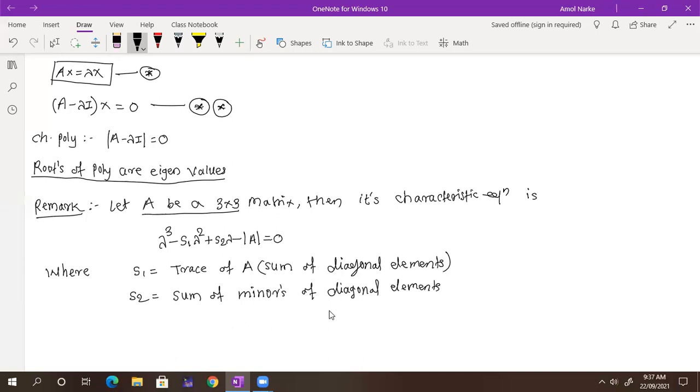So while solving the example, I will explain that. Everyone knows how to find the minor. So once you find all the diagonal minors, you have to add them. You have to find the sum of that value, and this is nothing but your S2. And last is nothing but determinant of A. You know how to calculate the determinant of it. Everyone understand that?